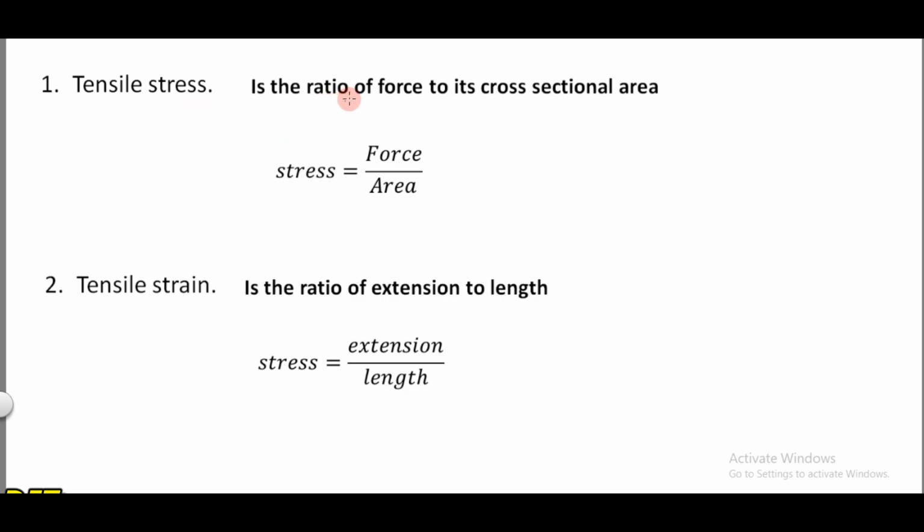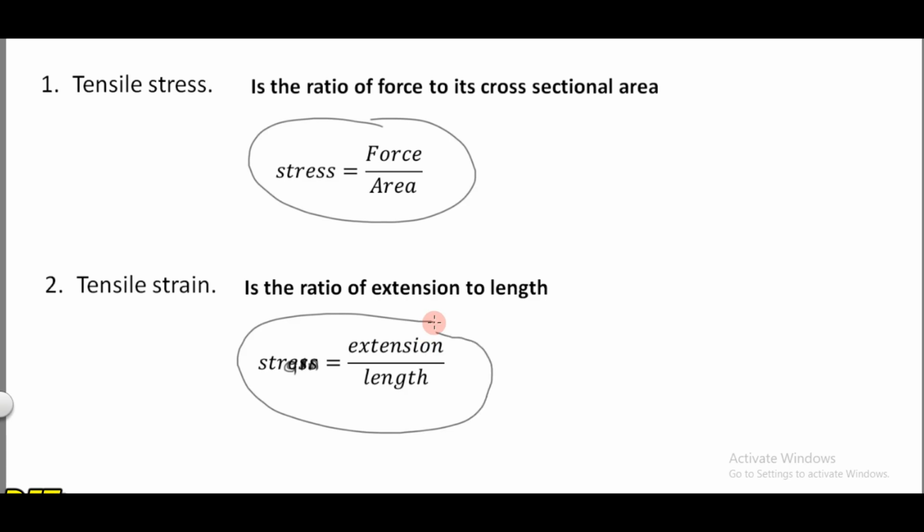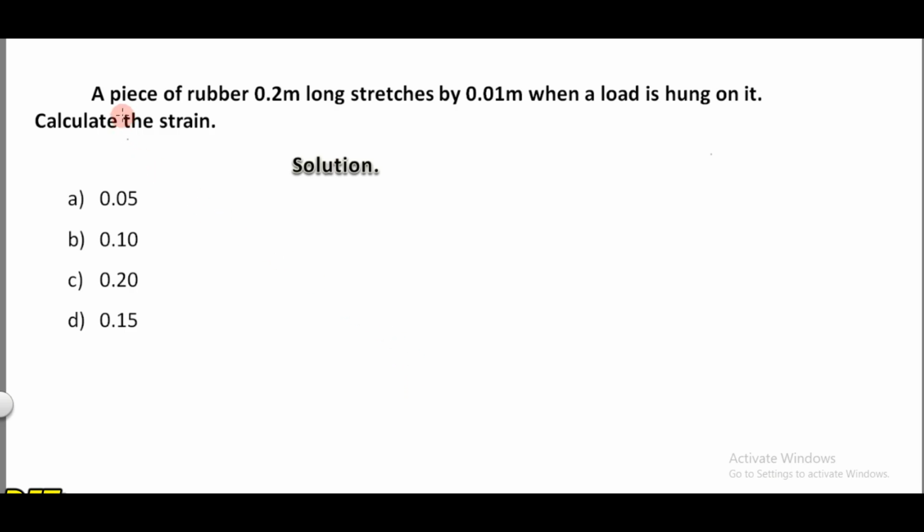Tensile stress is the ratio of force to its cross-sectional area, so tensile stress is force all over area of an elastic material. Tensile strain is the ratio of extension to the length of an elastic material. So tensile strain is equal to extension over length.